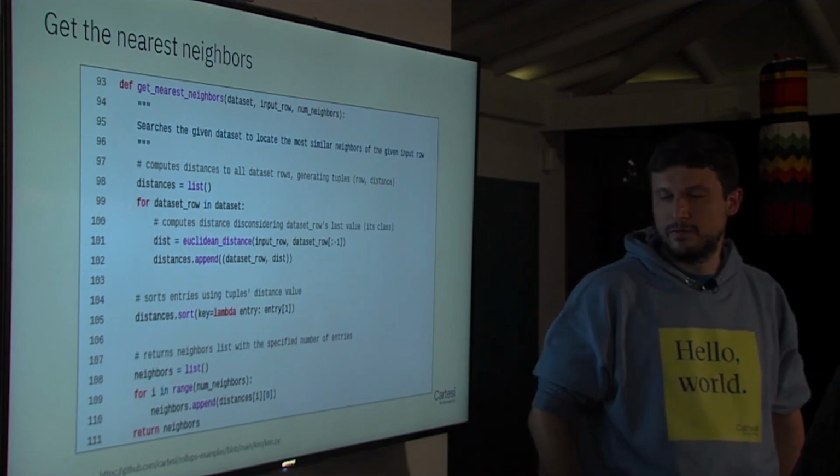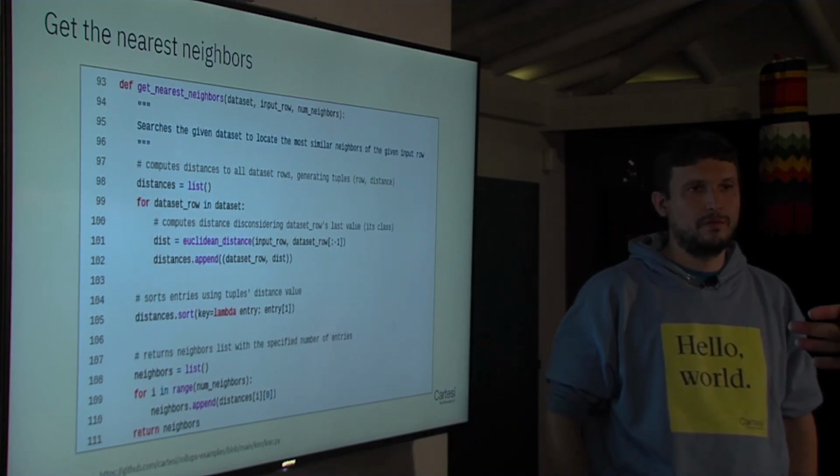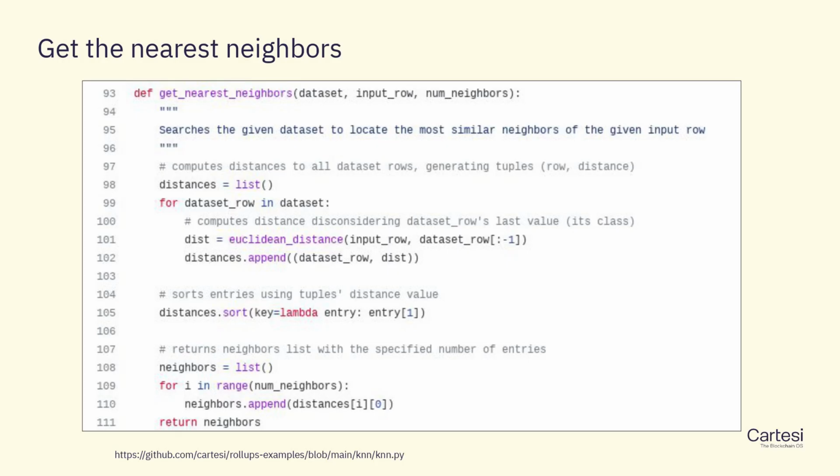So we have this stored in this variable here, and we will use it for prediction too. When a new sample enters, it will use the distance variable to get how close it is from one point to another.